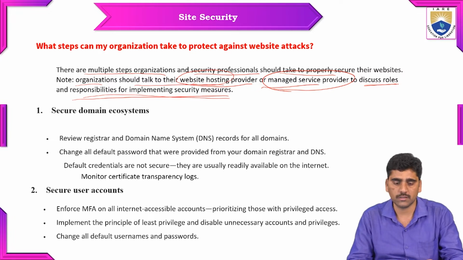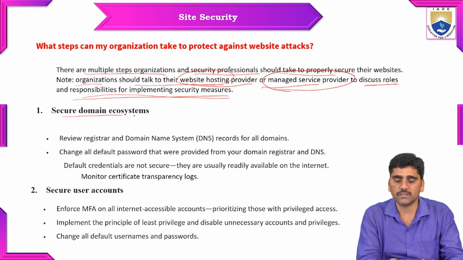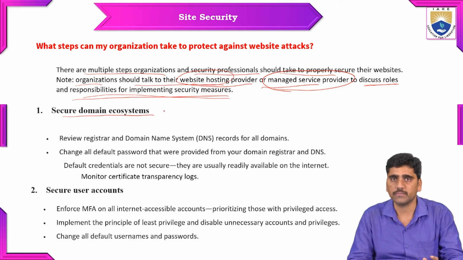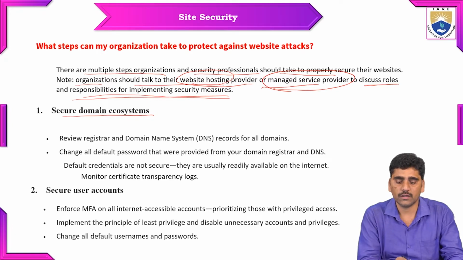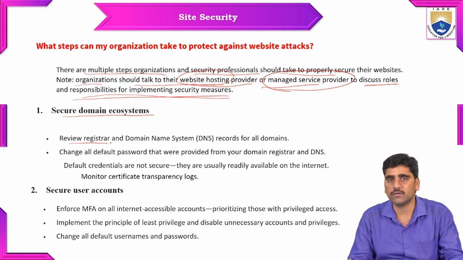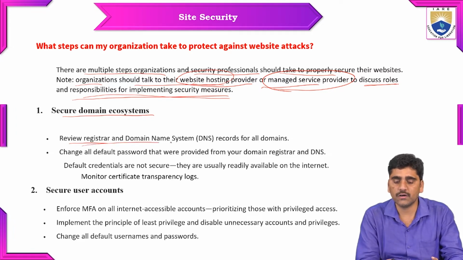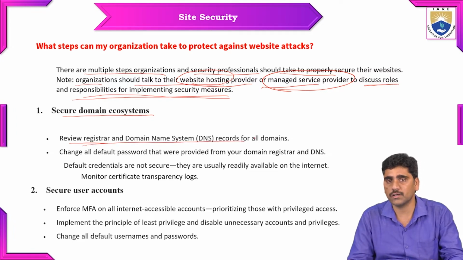We will discuss each one. The first one is secure domain ecosystems. That means we have to maintain the security for the domains. So what we have to do in this one: review registrar and domain name system records for all the domains.